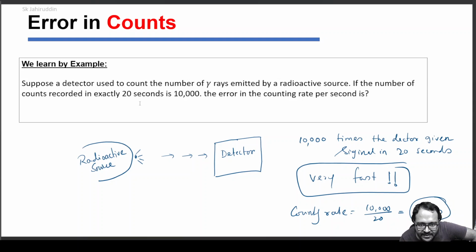That's why we're calculating an average. In 20 seconds, we got 10,000, so on an average, we get 500. But that means it has some error. Error in the counting rate. Your n is 500. What is delta n?